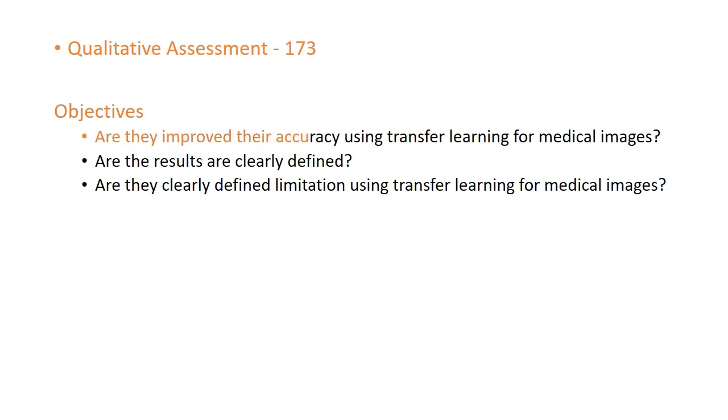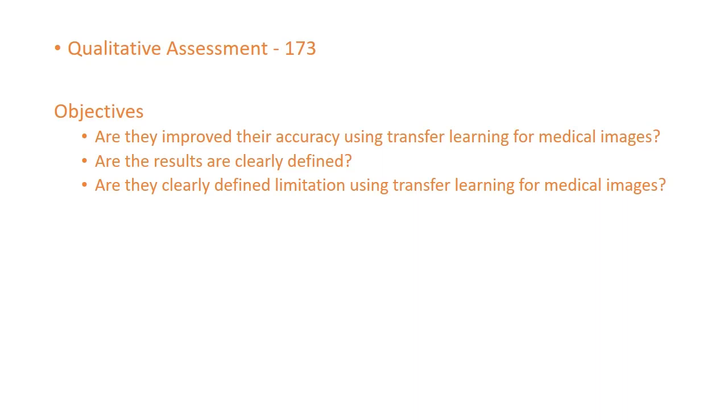So my objectives are, first, do they improve the accuracy using transfer learning for medical images, and then are the results clearly defined, and are the limitations clearly defined when using transfer learning for medical images. These are only 3 objectives. You can define 4 or more objectives based on these.